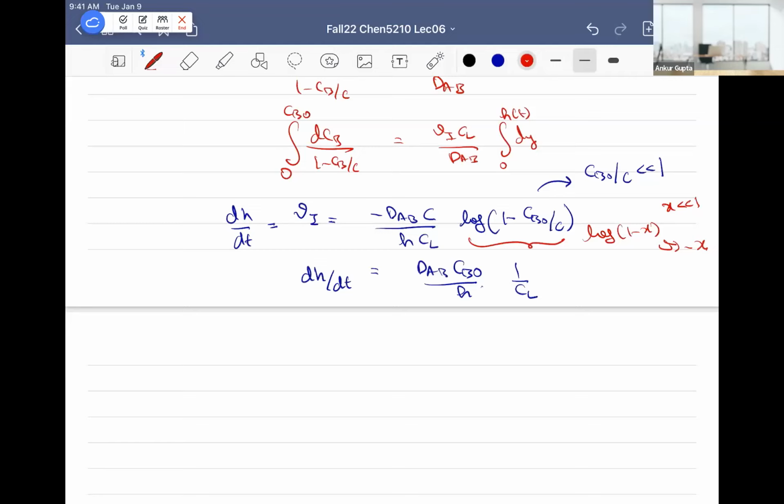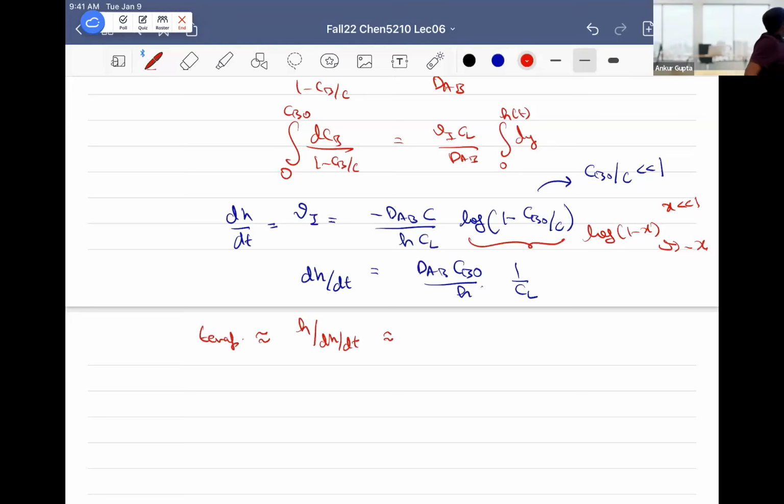We have a velocity, right? The left hand side is velocity, right? So time is distance by velocity, right? So that gets a rough estimate of time. So t evaporation in that way, you can approximate as H by dH by dt, right? That's not a bad idea. You can just say H by dH by dt.